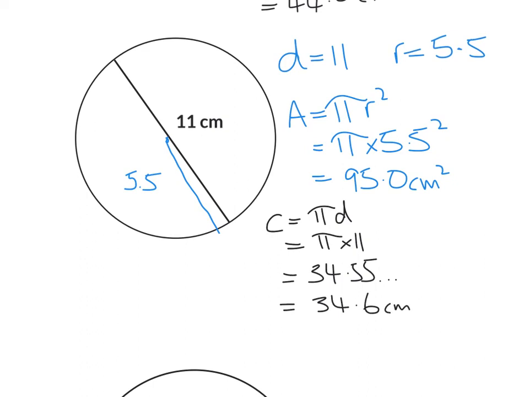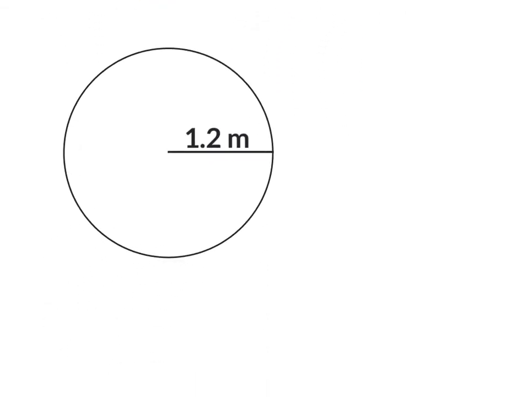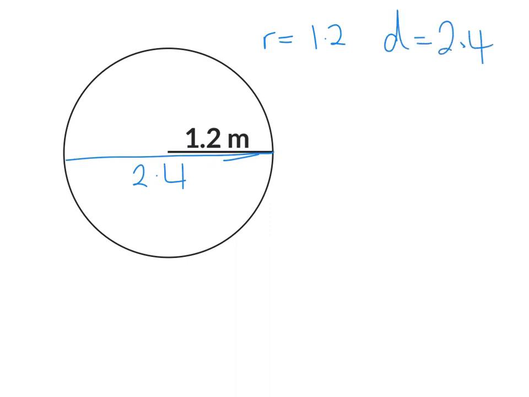All right, last example. Notice the units have changed. It's now meters instead of centimeters, and this again is a radius. So r equals 1.2. The diameter will be going the whole way across, so it must be 2.4. I've been starting off with area, so I'll start off with area again.